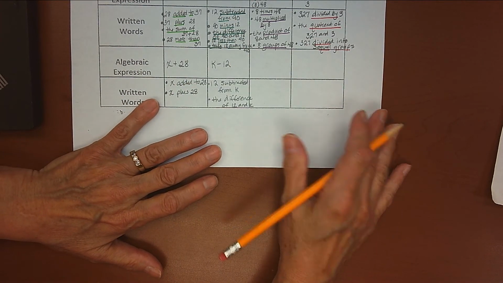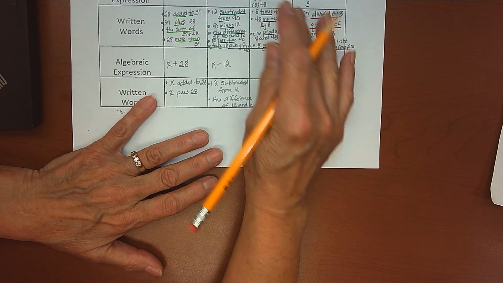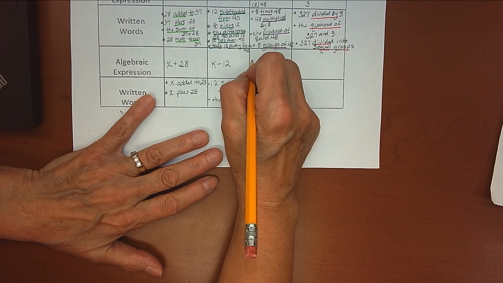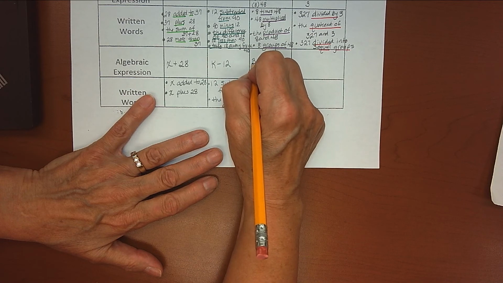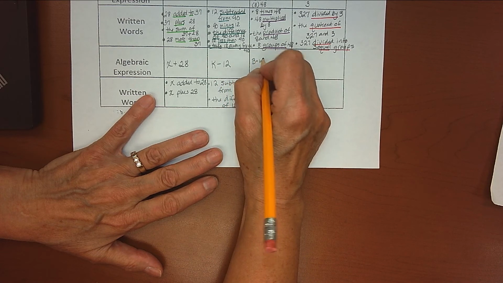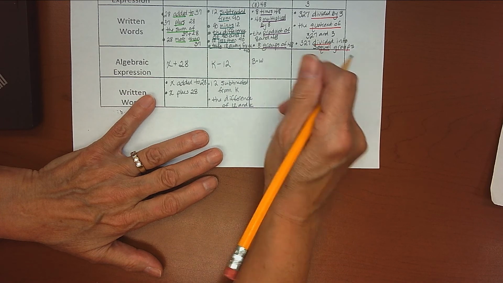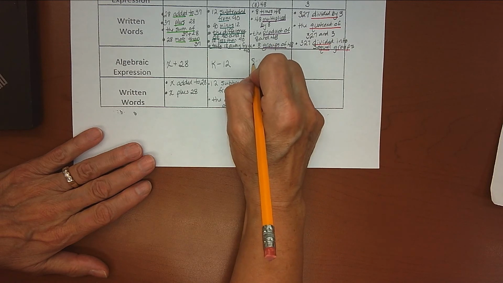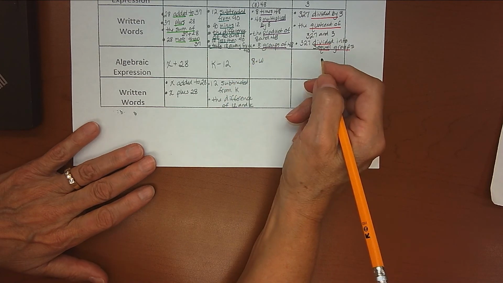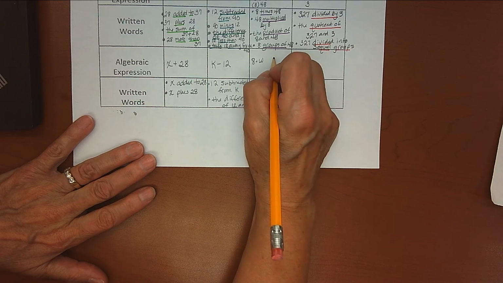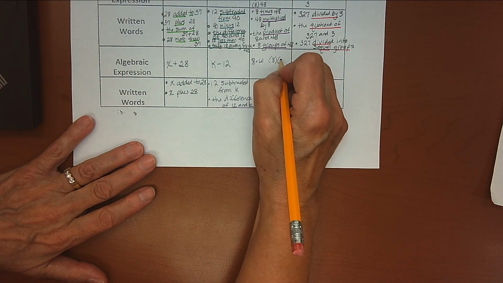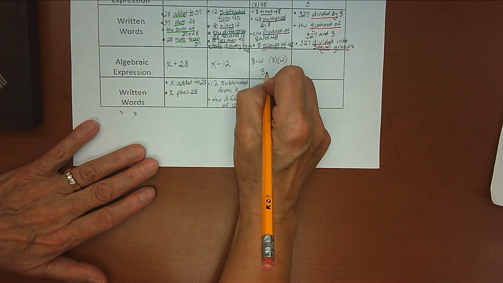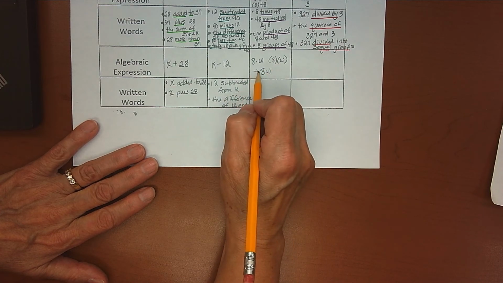All right, and then we're going to look at multiplication expressions. And so these, again, have several forms. It might be 8 times w. Or it might look like 8 times w. Or it might look like 8w. And most often, you're going to see it this way.